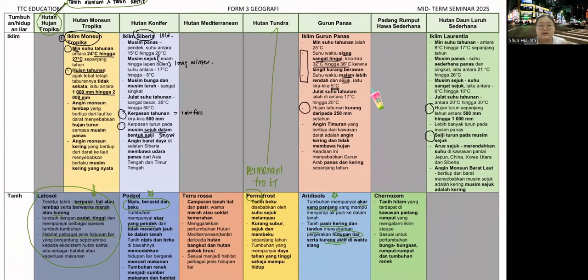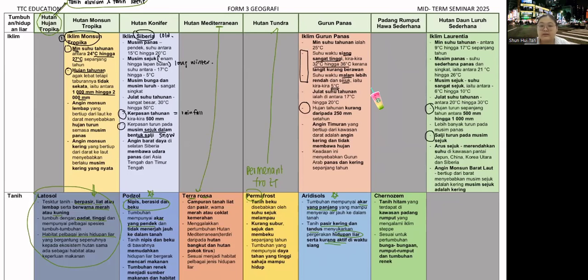permafrost. All right. Now, and terra rosa, you see, the way that you pronounce the word is not very Asian word, right? Terra rosa is from Mediterranean. Mediterranean is the southern Europe areas.